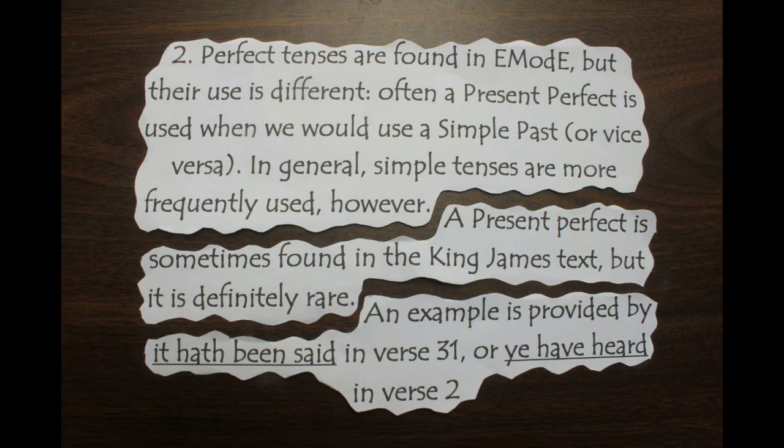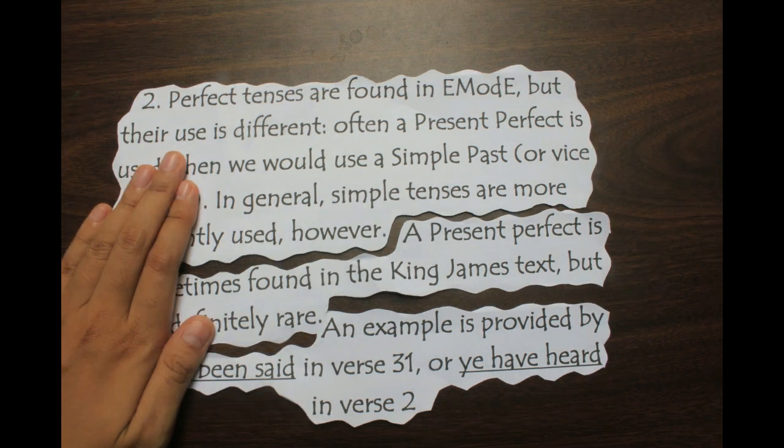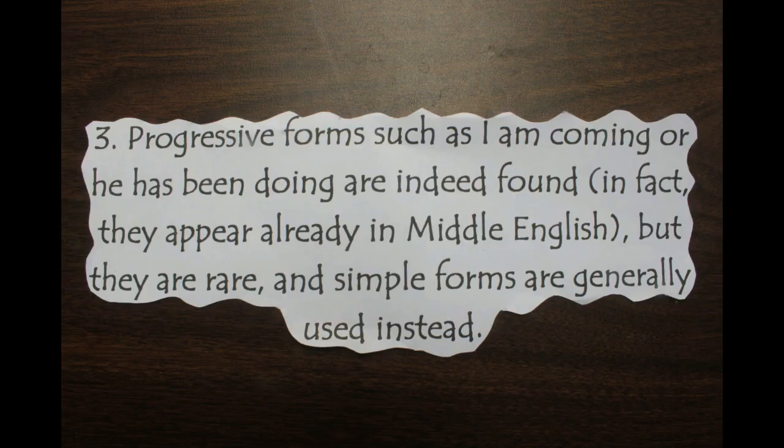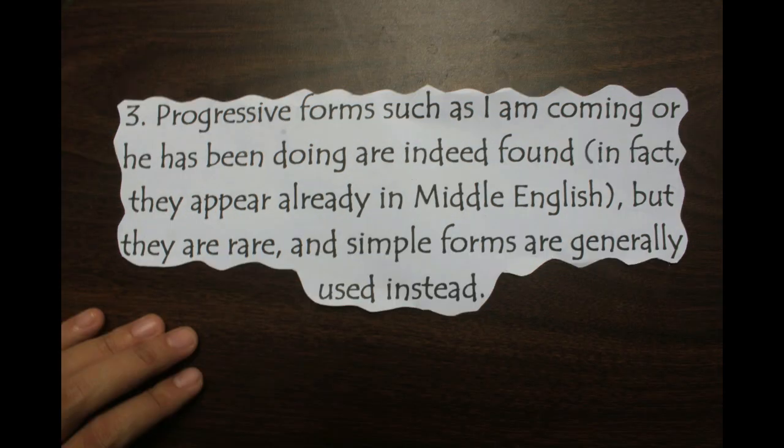The second difference is that perfect tenses are found in early modern English, but their use is different. Often a present perfect is used when we would use a simple past. The third difference is that progressive forms such as is coming or has been doing are indeed found. In fact, they appear already in Middle English, but they are rare, and simple forms are generally used instead.